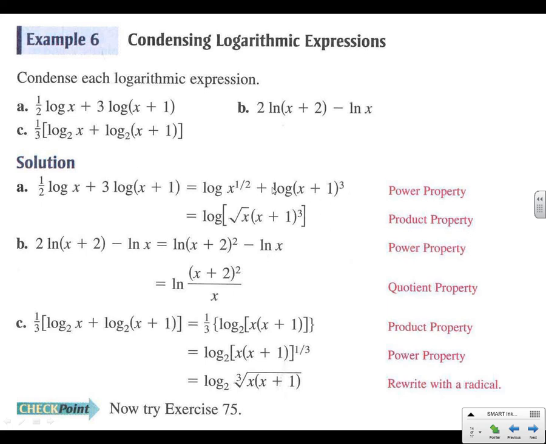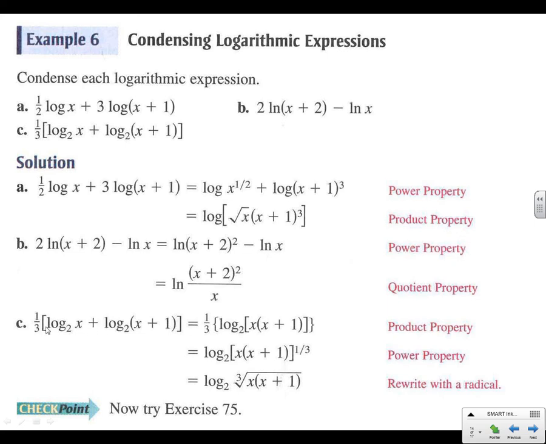It's a plus, so we can put it all together. Because it's the same base on the logs, log of x to the 1/2, which is just square root of x, times x plus 1 cubed. And we'd have it all as a single logarithm. Same thing here. Let's bring the 2 on top, so x plus 2 squared. The minus says let's turn this into division, x plus 2 squared over x.